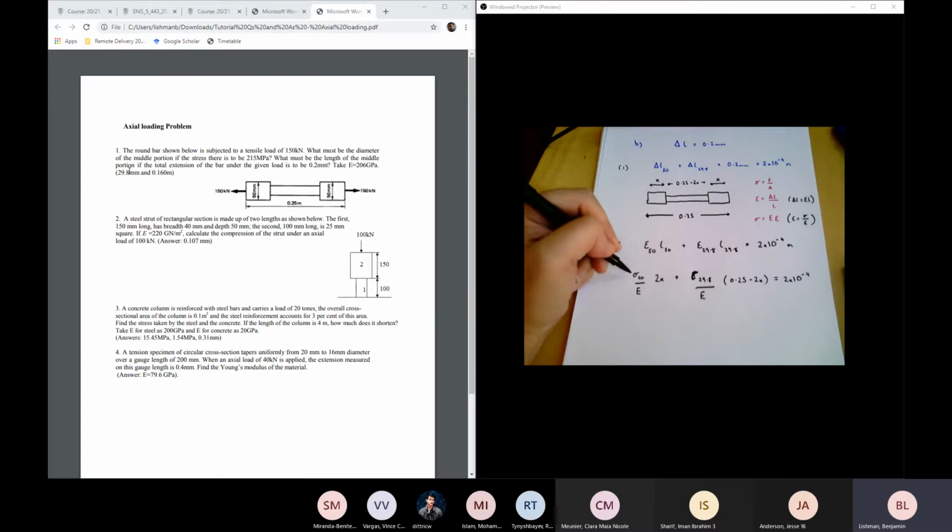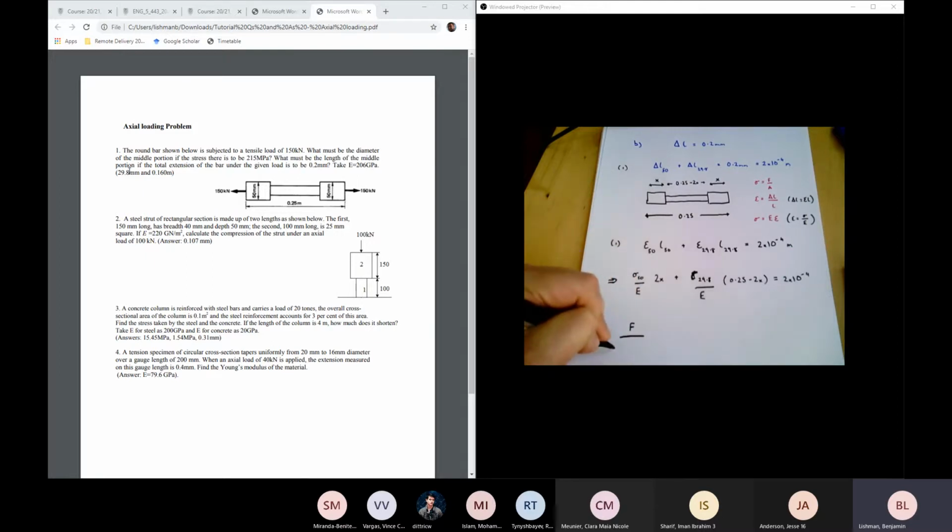Now I can use stress is force over area, and I know all of the forces and all of the areas, so I can substitute in to leave x as the only unknown in this equation. So I'm going to leave everything algebraic for the time being.